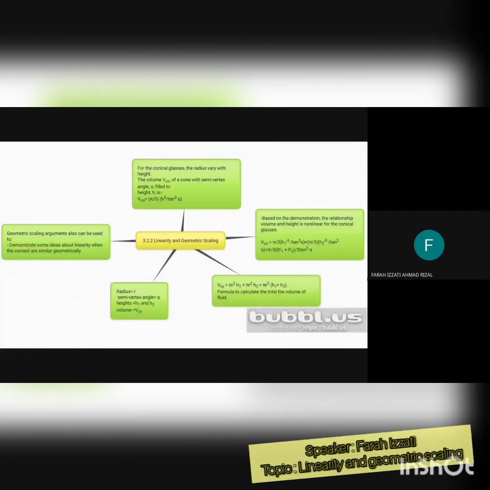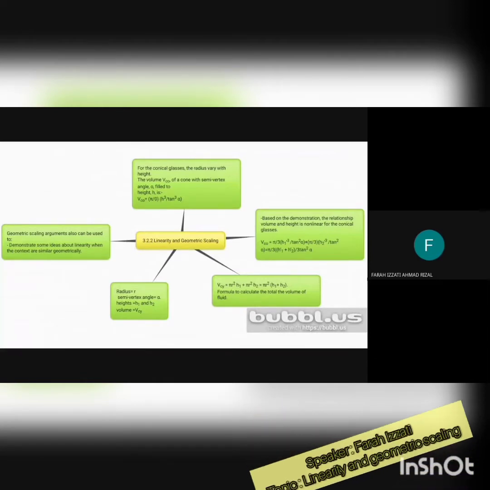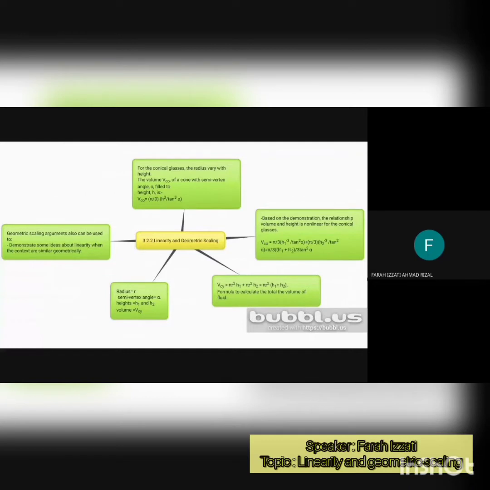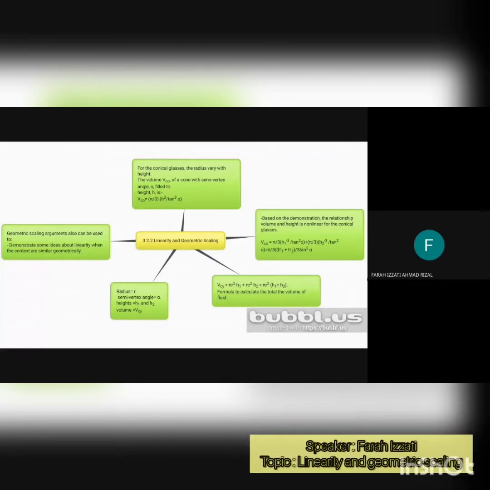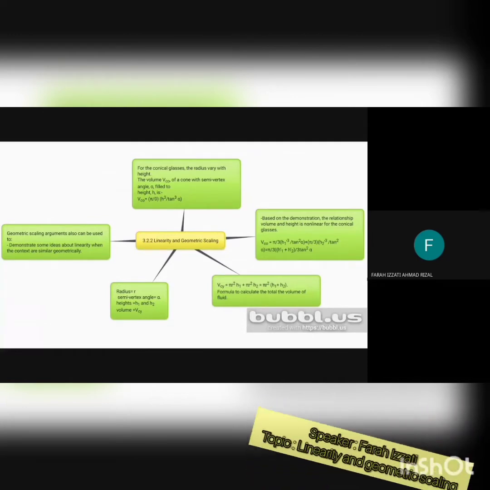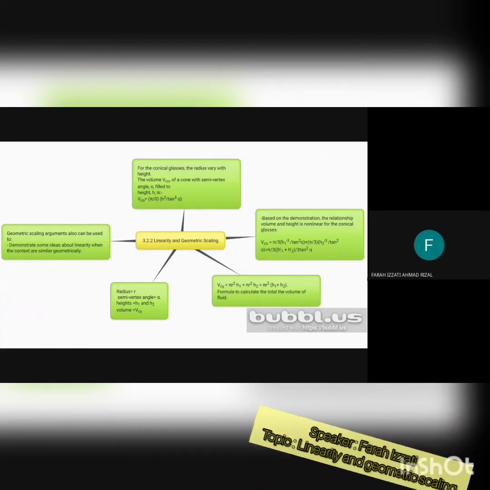Geometric scaling arguments can also be used to demonstrate some ideas about linearity when the contexts are similar geometrically. Based on the demonstration, the relationship between volume and height is nonlinear for the conical glasses, by using the formula.